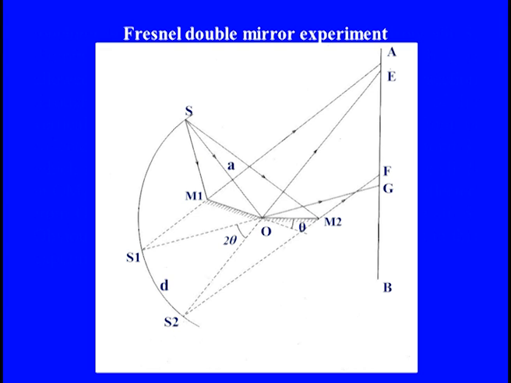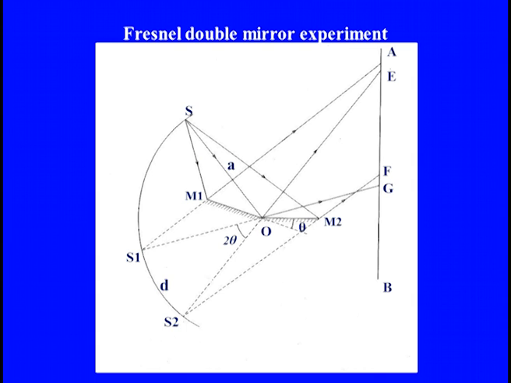The other half of the incident wave front is reflected from OM2, giving rise to an image S2 of the source slit S. Obviously, S1 and S2 are the virtual coherent sources in this experiment, since both are images of the same source slit S.